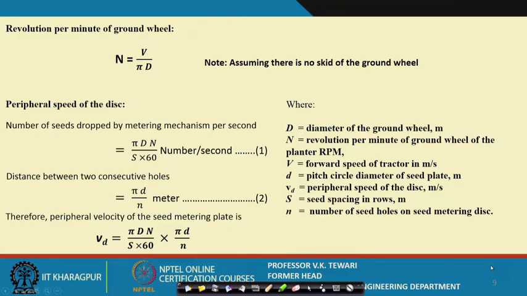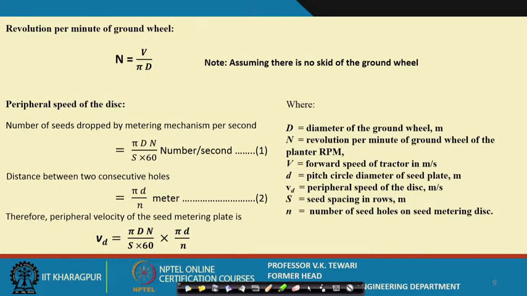Well, revolutions per minute. There are certain things which you must understand. Actually, revolutions per minute of the ground wheel. You should understand that when the tractor is moving, the ground wheel is the ground wheel of the tractor, but then we have also the ground wheel from where we have taken the power.